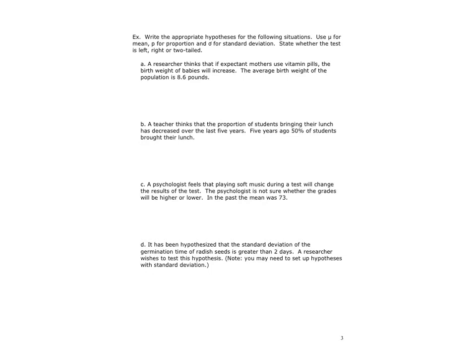The first thing we want to identify is what is the parameter that we're testing. The word average indicates that we're going to be testing about the mean. So our null and alternative hypotheses will both be statements about mu. The birth weight of the population is 8.6, so this is our null value.